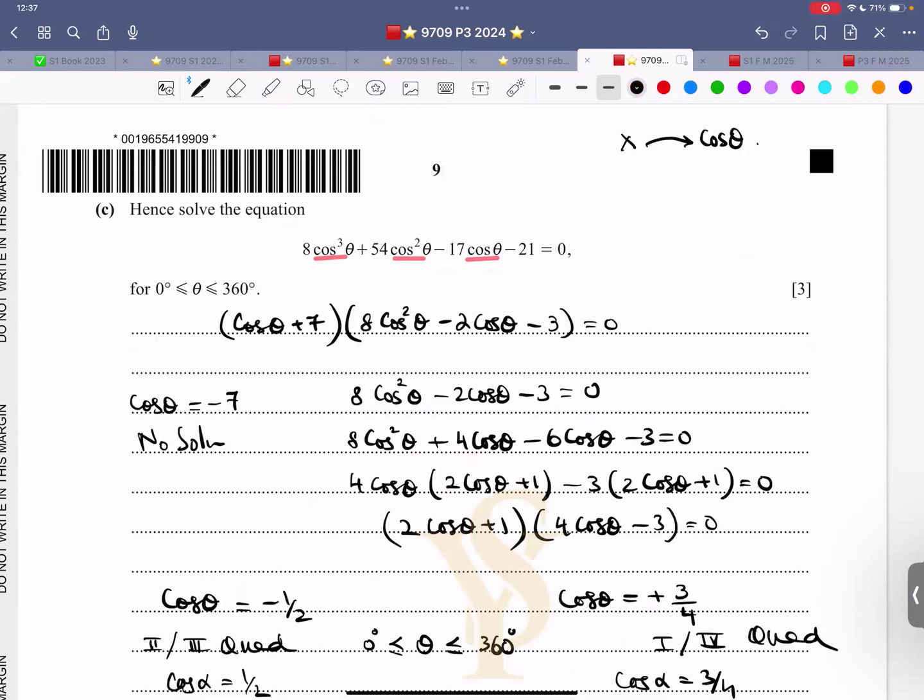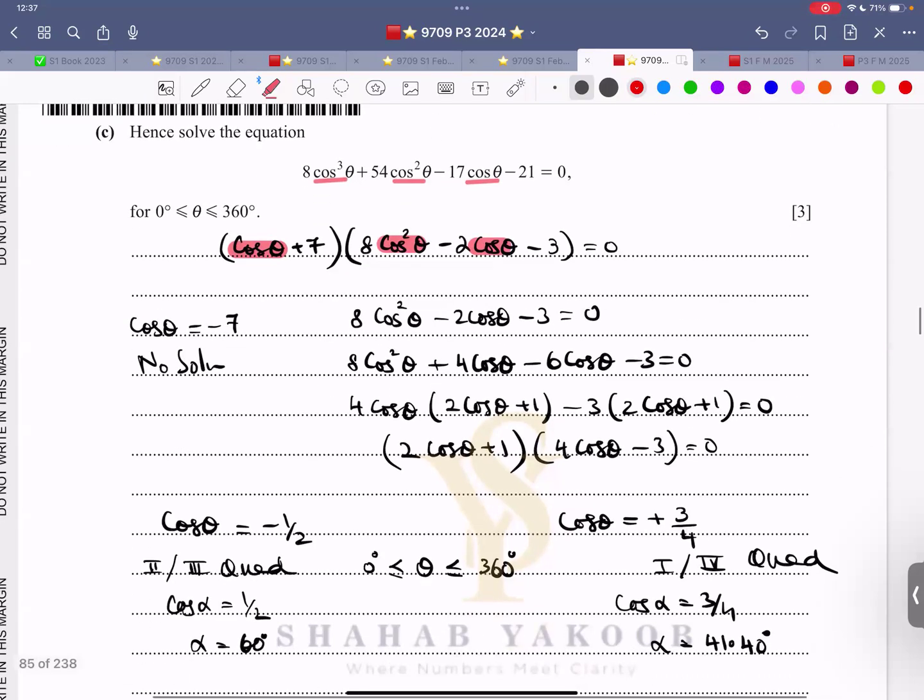So basically, x plus 7, this is like that, x plus 7. And this is 8x squared minus 2 cos theta minus 3 equals 0. Cos theta is -7. Of course, there is no solution. So reject. And then work on this one.